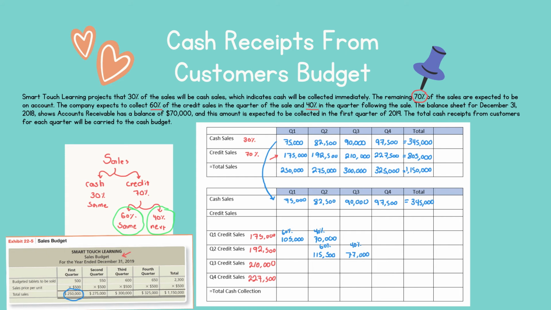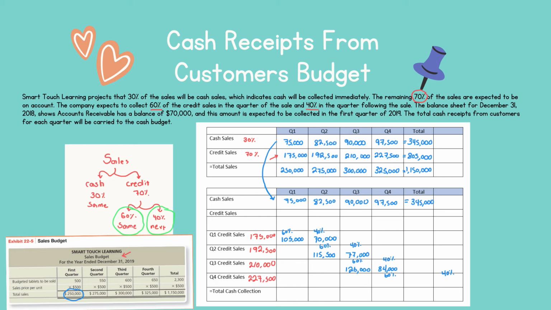Now quarter 3 credit sales, 210,000. I'm gonna collect 60% of this amount in the same quarter, which is in quarter 3, and 40% in the following one. So 60% times 210, it's gonna be 126. 40% times 210, it's gonna be 84. Now quarter 4 credit sales, 227,500. 60% of this amount will be collected in quarter 4, and 40% will be collected in quarter 1, 2019.